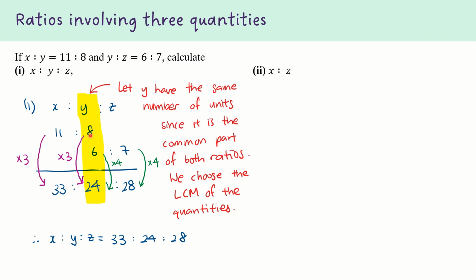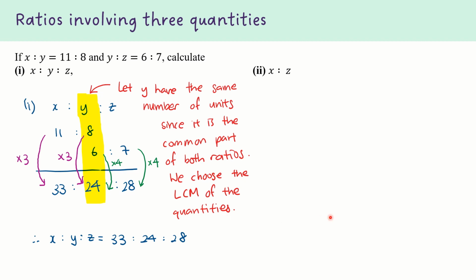If we have 8 over here and we get 48, that means we're multiplying by 6. So over here we also multiply by 6. Likewise, for the second ratio, we will be multiplying by 8 and multiplying by 8. However, the final answer that we are getting likely requires some form of simplification. So in the event that you do not choose the lowest common multiple, you need to check across all the three quantities and ensure that your ratio is in its simplest form.